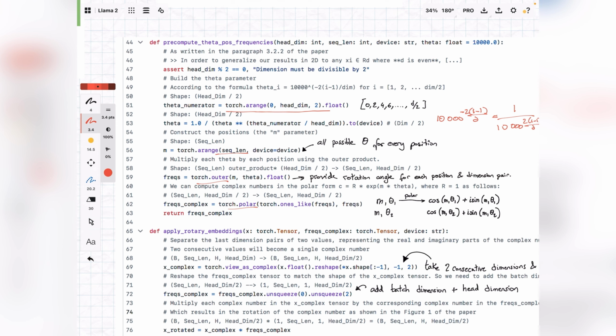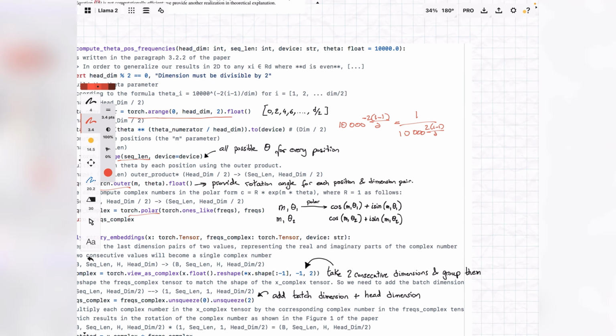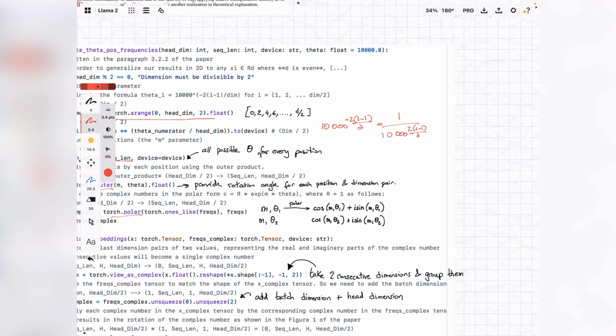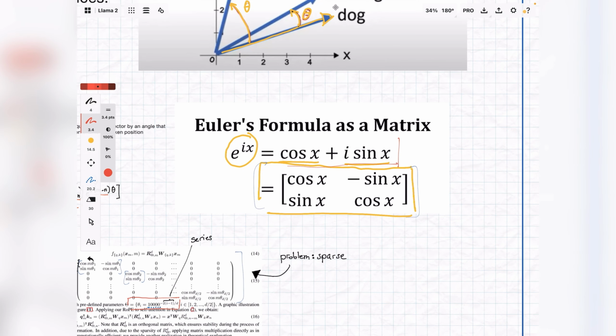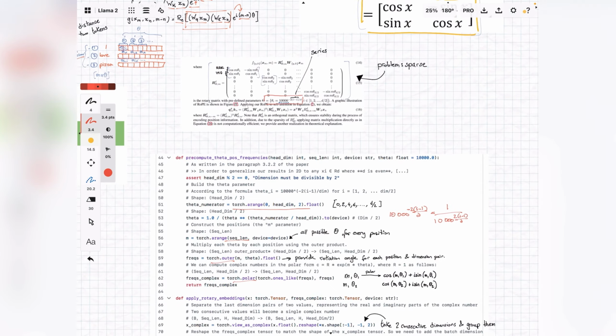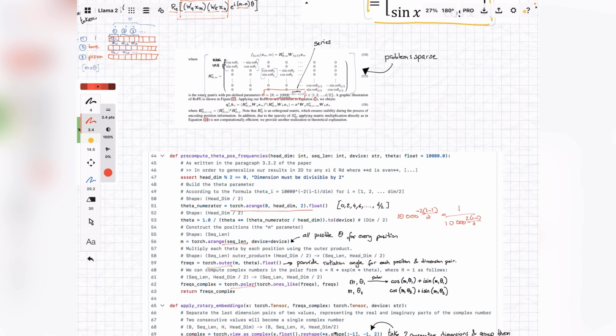That's done with torch.polar, which effectively takes m1 theta 1 and converts it to cosine m1 theta 1 plus i sine m1 theta 1. That's basically what we spoke about around here. That's Euler's famous formula. So that is the block of code that is executed at the beginning to get all of those initial theta values that are going to be used later on.